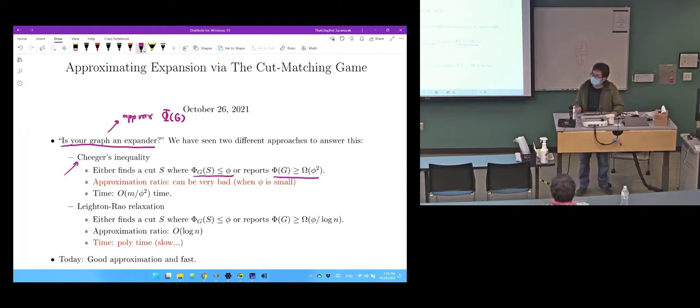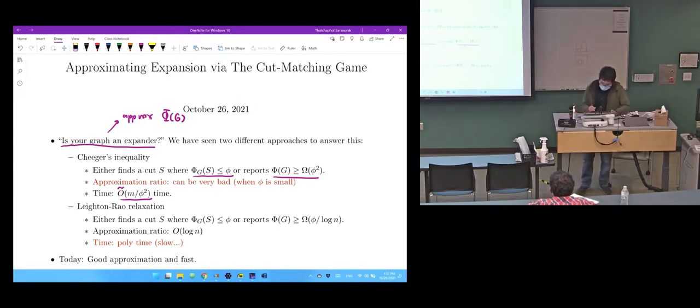And this approximation ratio can be very bad, right? It's very good if phi is big, but it can be very bad if phi is very small. But the running time is quite nice, at least when phi is quite big, it's near linear. Another way to approximate conductance is to use a rounding of a relaxation based on an LP.